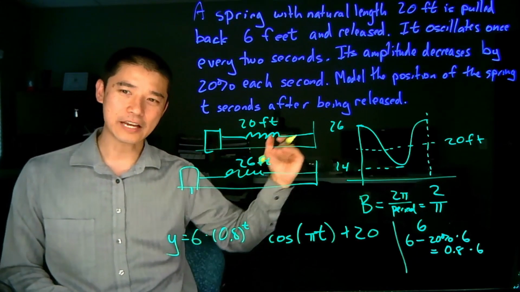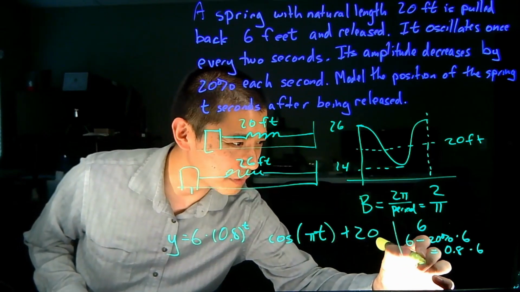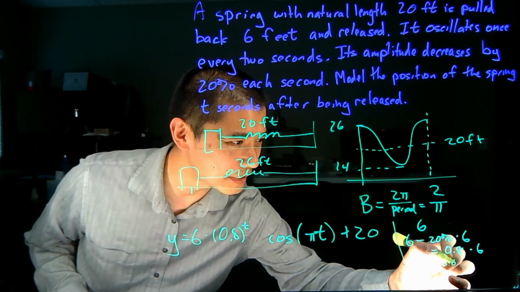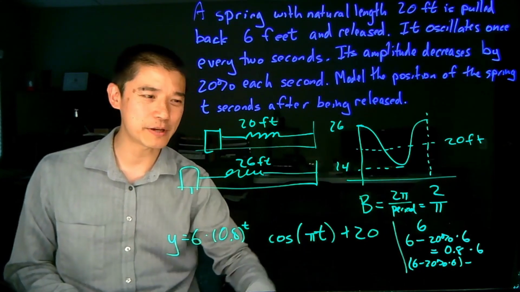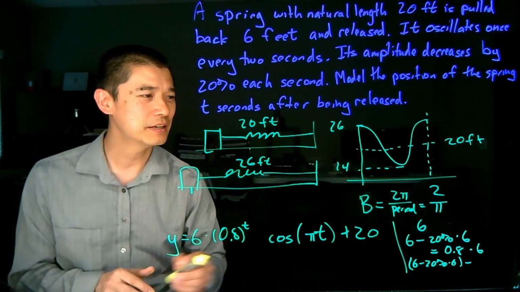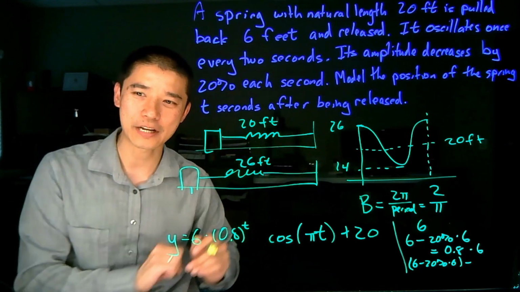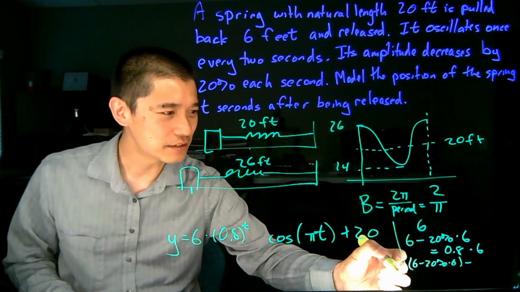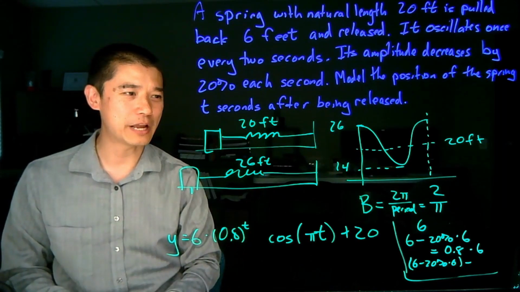And then the next stage is going to be 20% away from this. So 6 minus 20% times 6, minus 20% of that part. This is exactly the same calculation we did with the population model previously. And so you're going to factor out another 0.8, so it's going to be 0.8 to the second power times the 6. And so this is what leads us to this value right here for the variable amplitude.